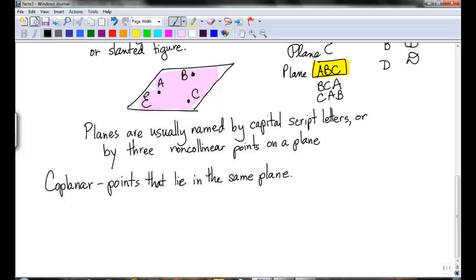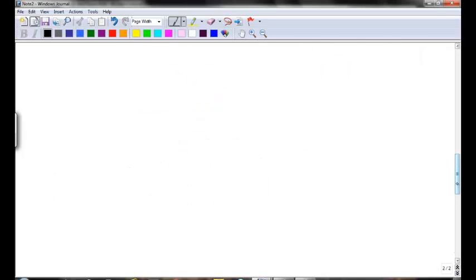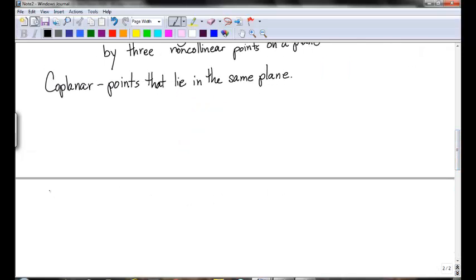Okay, now I want to go through some examples with you. Put these in notes too. Sometimes I use EX, and that just stands for example, so you know I'm going through something. Use the following figure to name each.